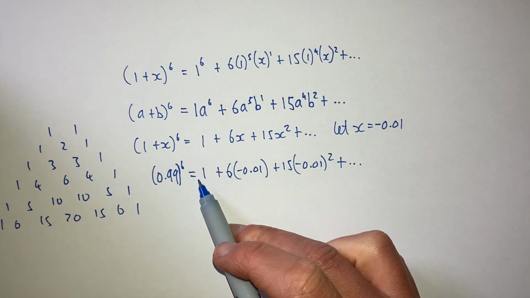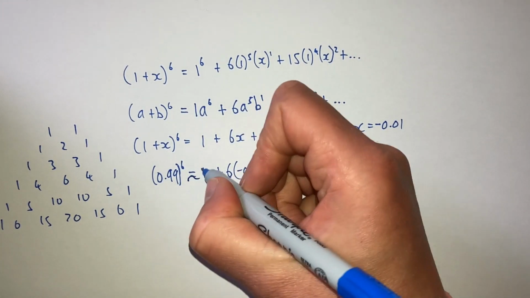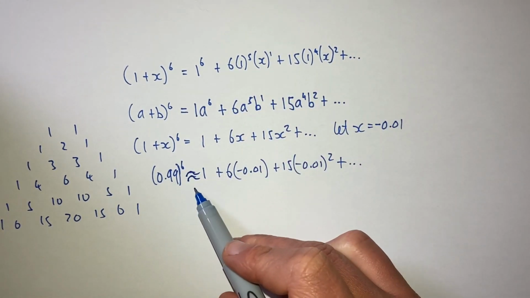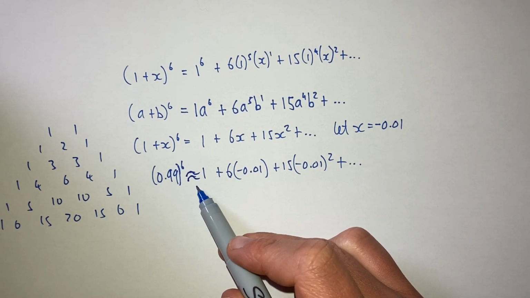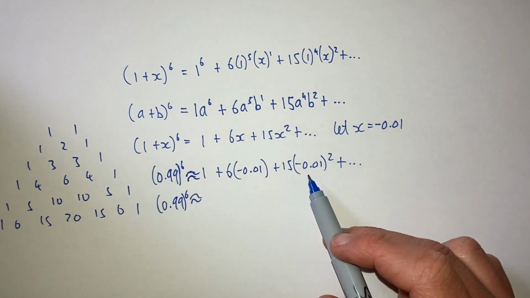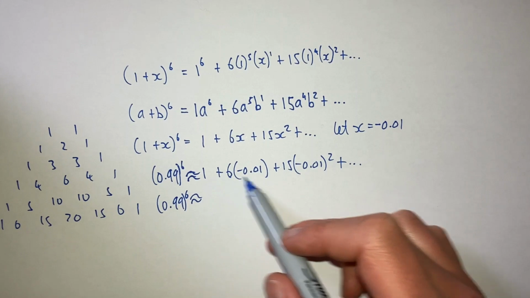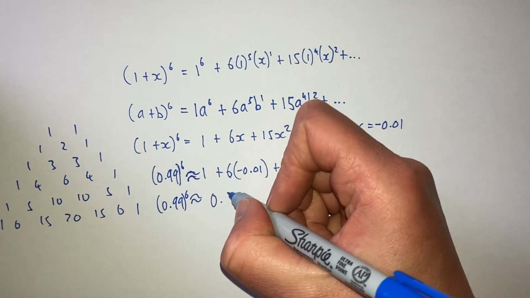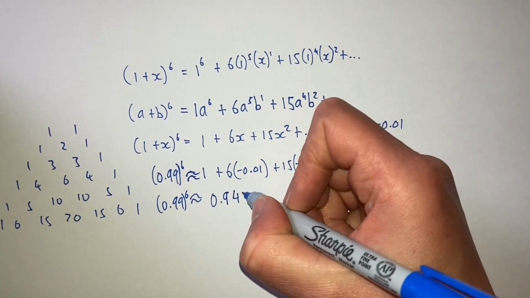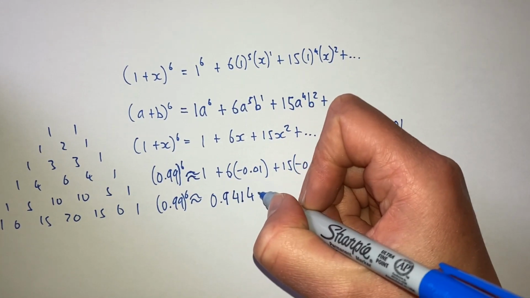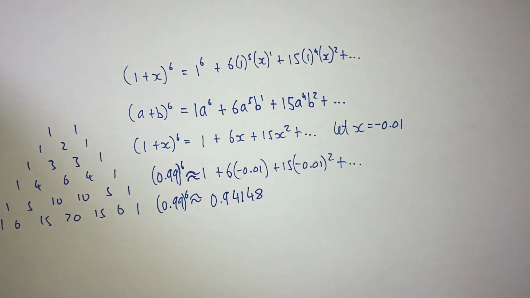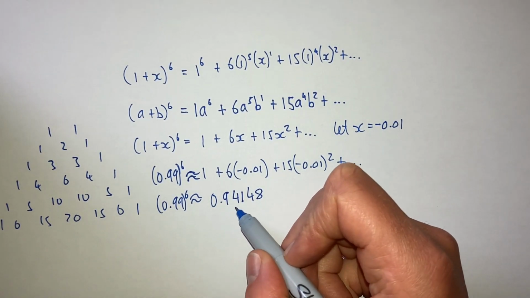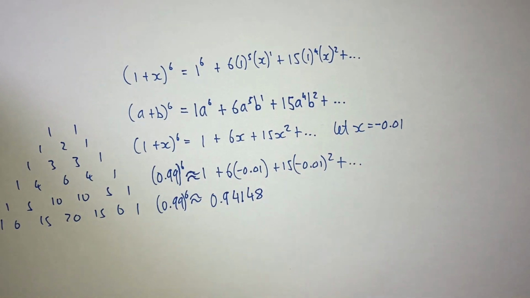Now this is only an approximation, so really we should use the approximately equals sign. And putting this into a calculator will give me an answer of 0.94148, or to 4 decimal places, 0.9415.